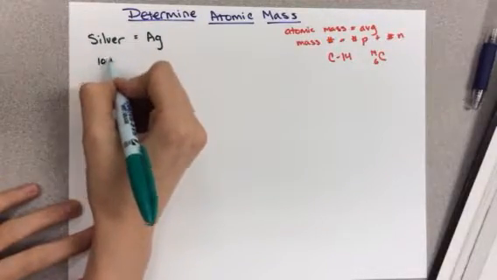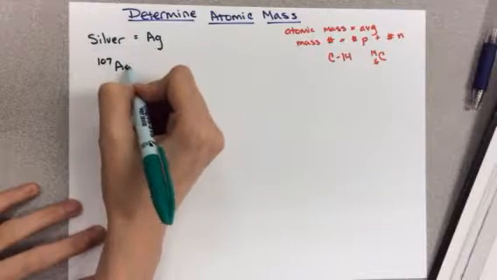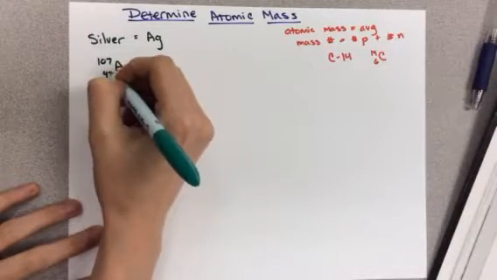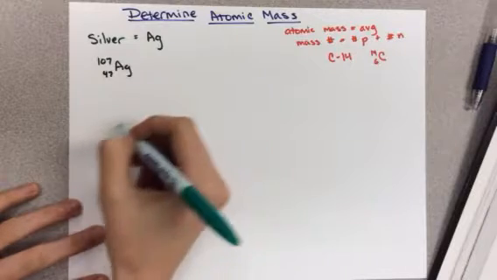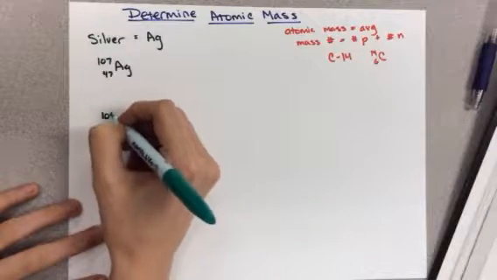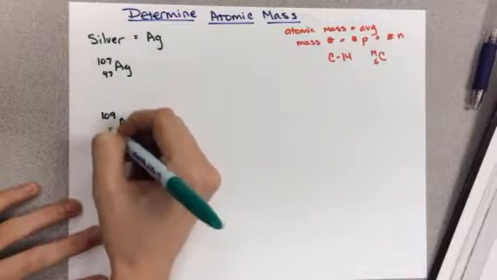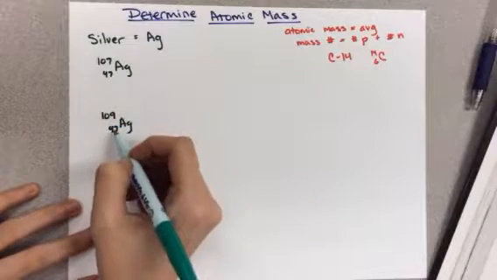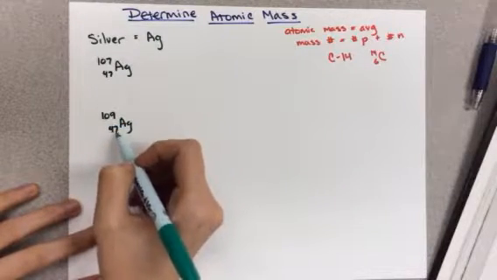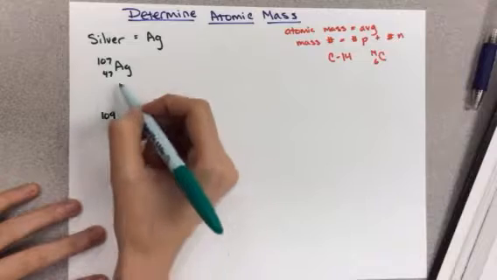The first one is silver 107, and I'm going to write its atomic number at the bottom, and silver 109. And again, I'll write the atomic number at the bottom. Again, it helps us remember that that's the number of protons. That does not change.